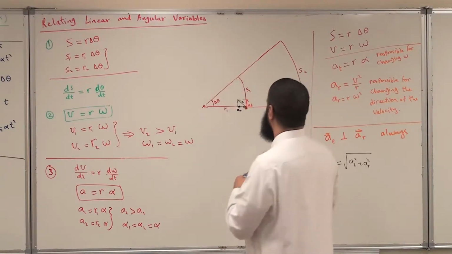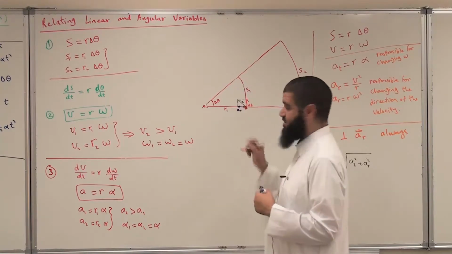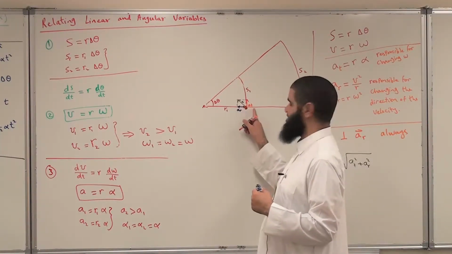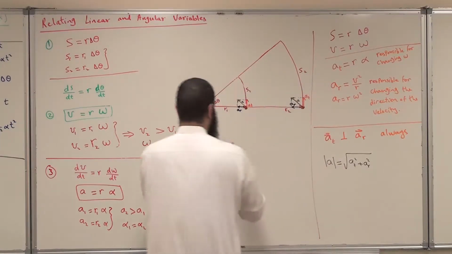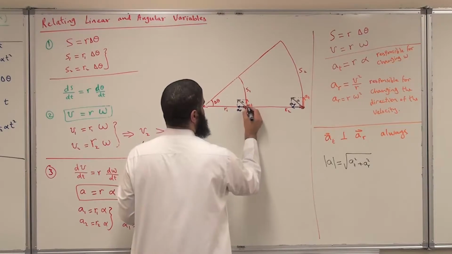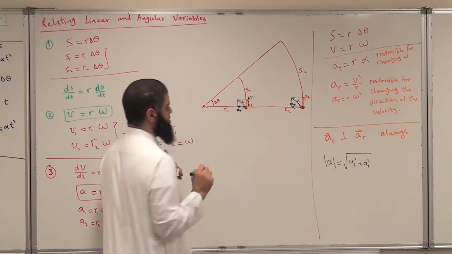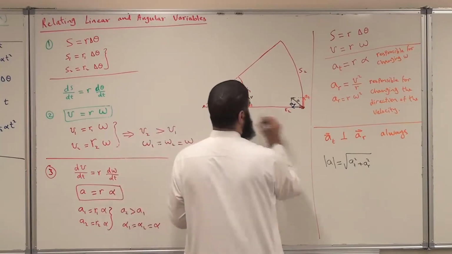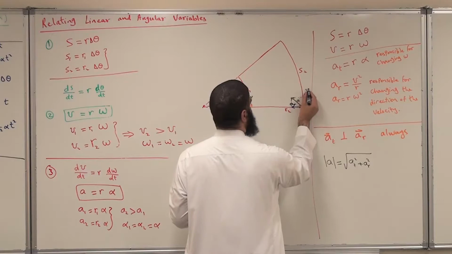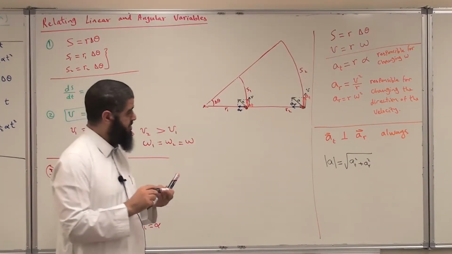Okay, but V will be also tangent to the path. So it is the same direction as the A tangential. Okay, V is here also tangential. So this is V. Okay, it is tangential to the circular path for this point, and for this point V will be here. Okay, it is also tangential to the circular path.